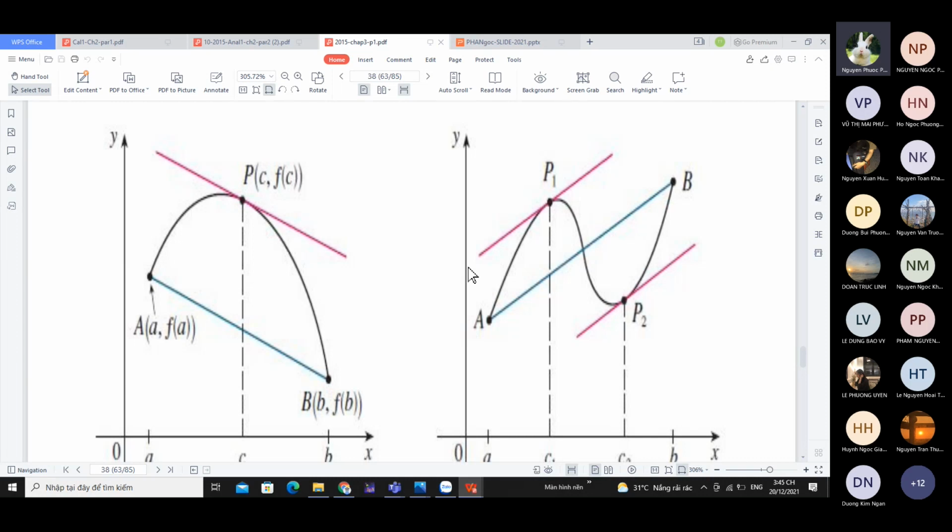And if you have f(a) equal f(b), the secant line AB is parallel to the x-axis, so you get right back the Rolle theorem. Okay?